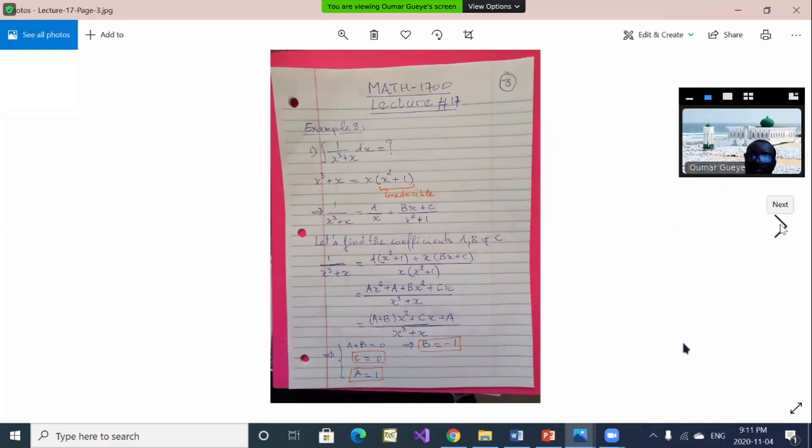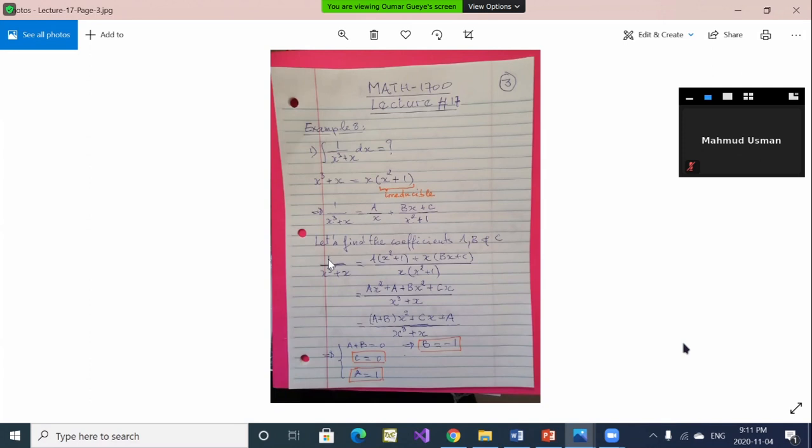Excuse me, sir. What did you say is the reason why A is equal to 1? Because the coefficient here, there is no x here, is a constant, the 1. Thank you.